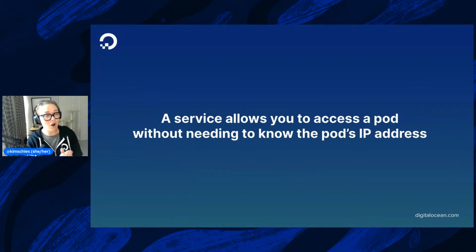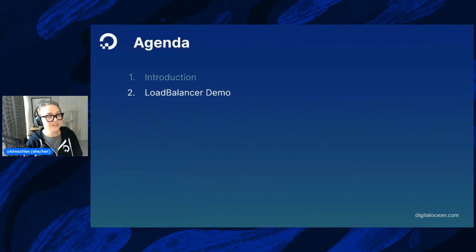And the hard thing about that is pods are designed to spin up a lot and to be pulled down a lot, and so they are immutable. But a service is nice because it allows you to have something in front of a set of pods that changes. The service has a stable IP address or a DNS domain that you can access, and it allows you to access pods that come up and come down without having to worry about what the specific address of the pod is. So that's a really simple introduction.